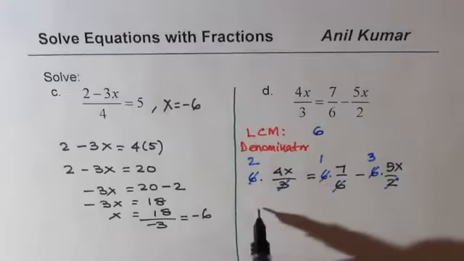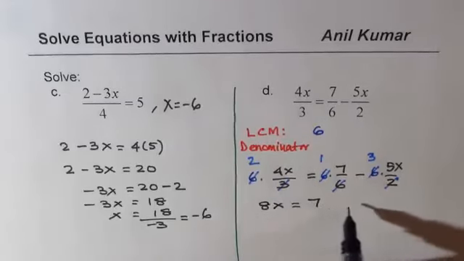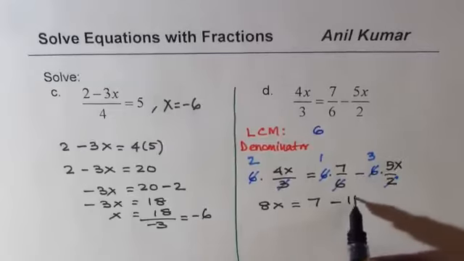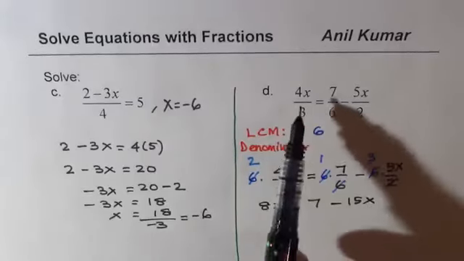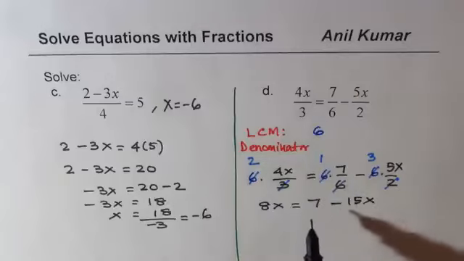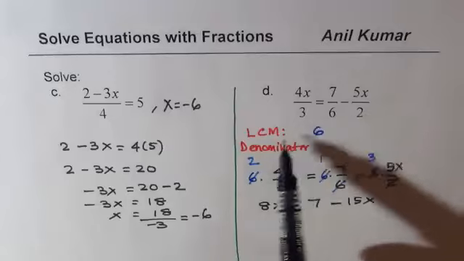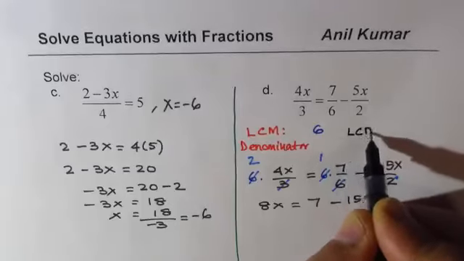4 times 2 is 8, so I could write this as 8x equals to 7 minus 3 times 5, 15x. Correct? So 4 gets multiplied by 2, we get 8x, 7 remains as such, and 5 gets multiplied by 3. LCD also we call lowest common denominator.